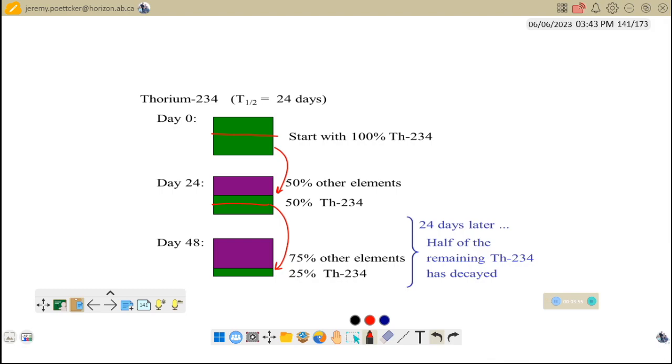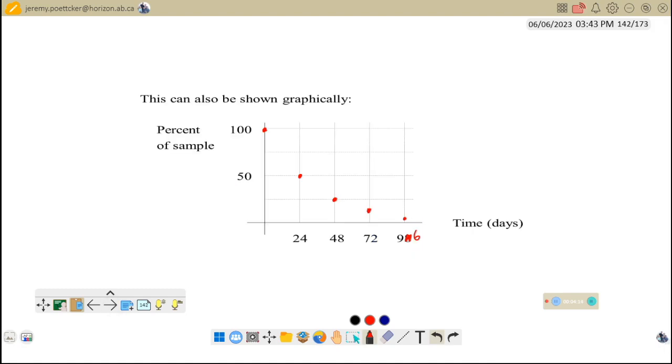So looking at the picture, day 0, we've got 100%, and it's going to drop down to 50% after 24 days. And then half of the half goes away, and we're left with half of the half after 48 days. And this continues. And if we wanted to graph it, our graph is going to look something like this.